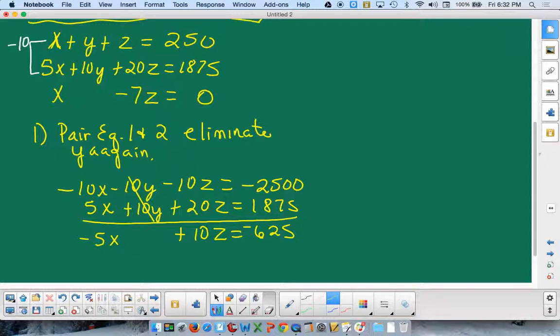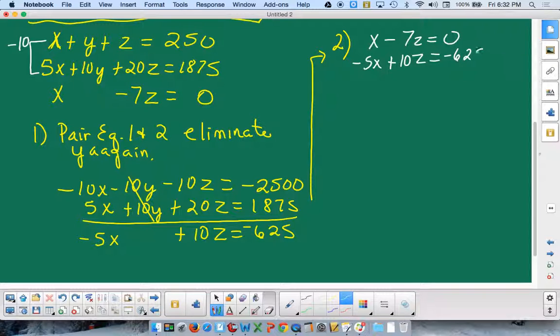Okay, now, if you're still wondering why would I do that? Well, now I have two equations that have two variables in them. So now this is easy. I'm going up here to step 2. I already have an equation which has x minus 7z equals 0. Now I have negative 5x plus 10z equals negative 625.